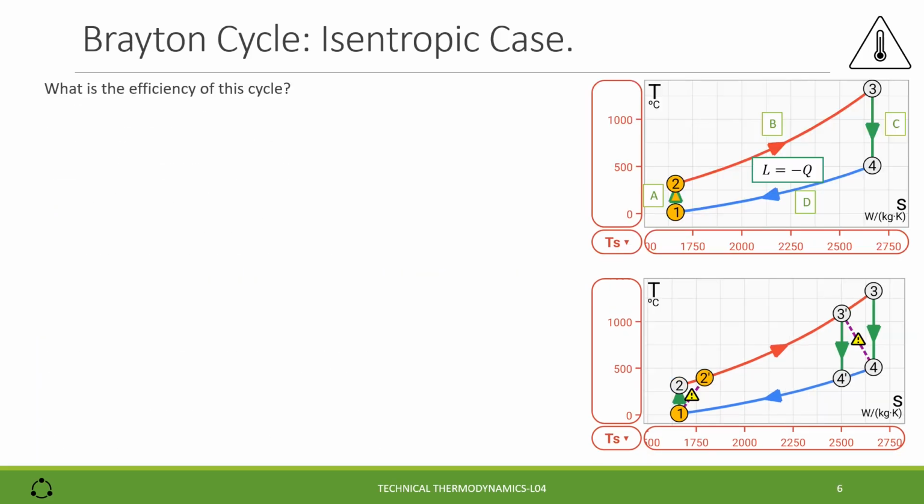What is the efficiency of this cycle? The efficiency, by definition, is the ratio between negative technical work and the sum of positive heat, where negative technical work equals the total heat, that is the sum of Q23 and Q41, because the other two transformations are adiabatic, and the sum of positive heat is just Q23.